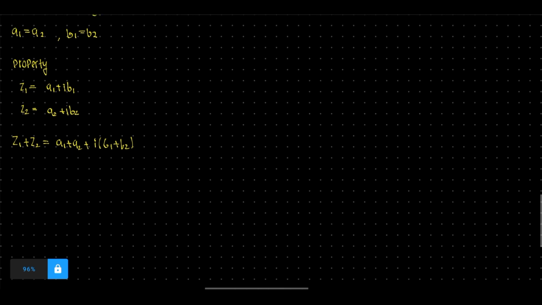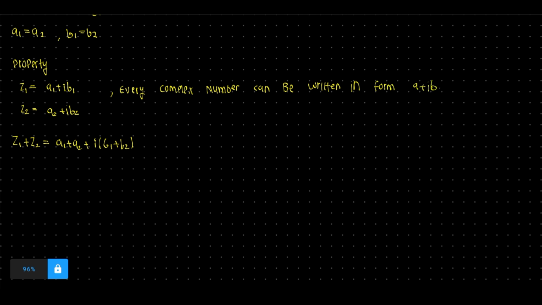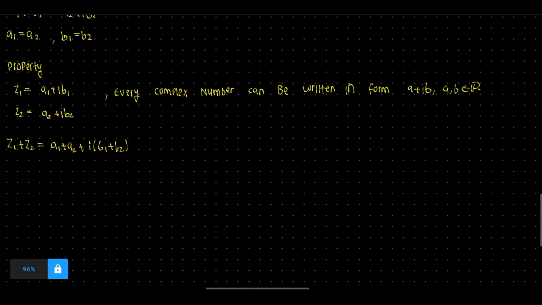And note that every complex number can be written in the form a + ib, where a and b are real numbers. This is by construction, as we can see.